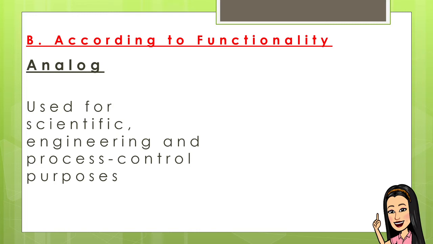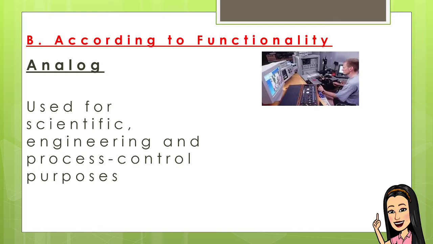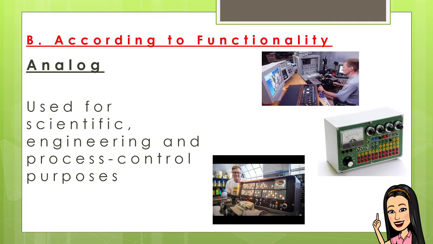They are a powerful tool to solve differential equations. It is used to process continuous data, physical qualities or quantities such as flow, temperature, current, pressure, and voltage. So these are the examples of analog computers.